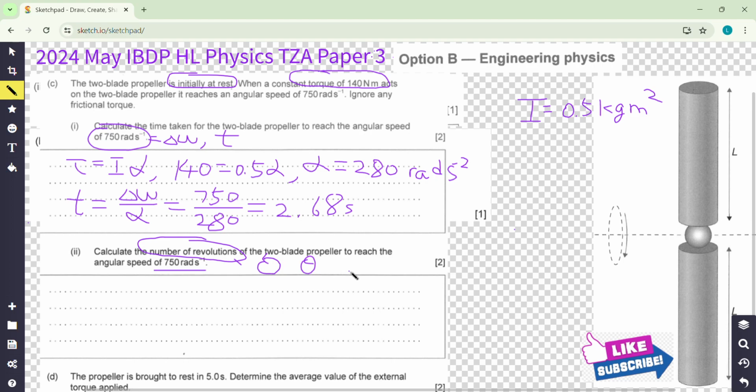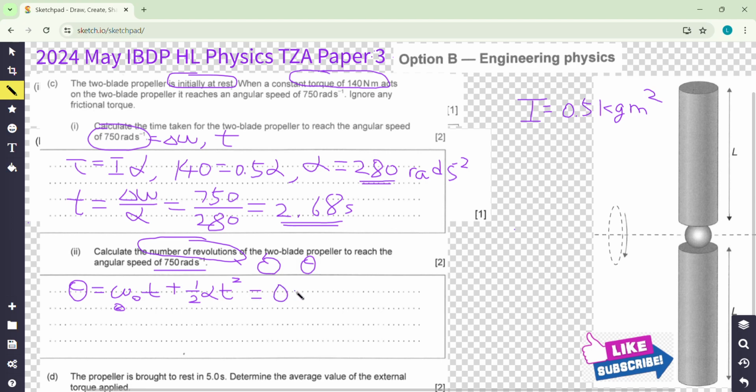Just like translational motion, theta equals omega naught t plus half alpha t squared. We have the t, we have the alpha, and omega naught is 0. So we've got everything, right? Good.